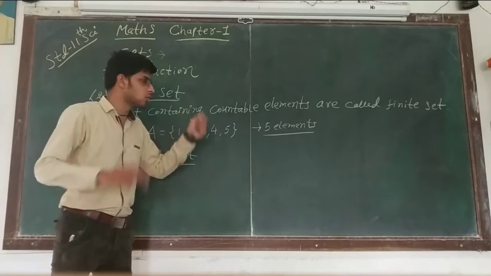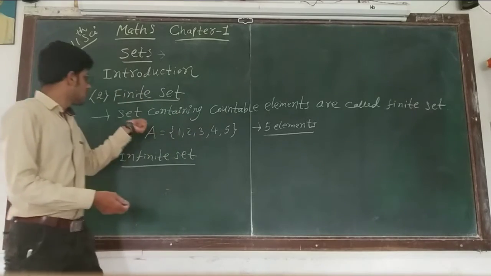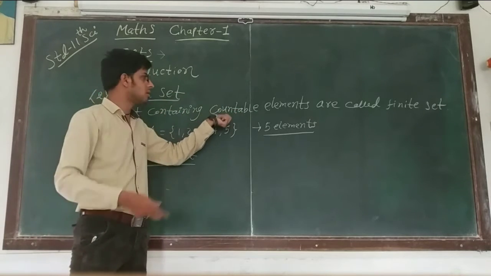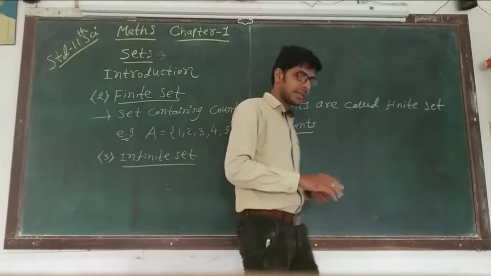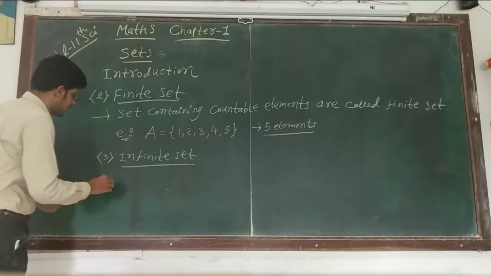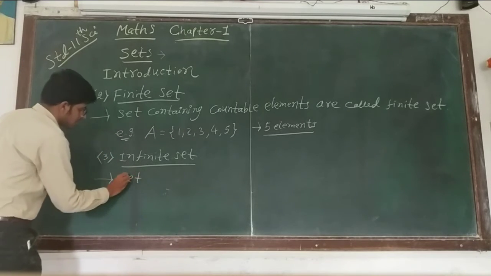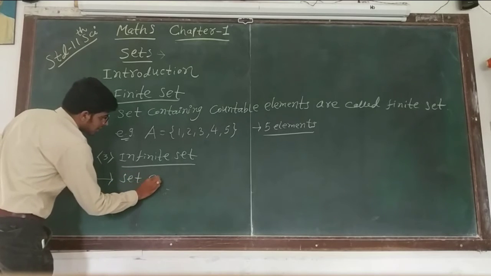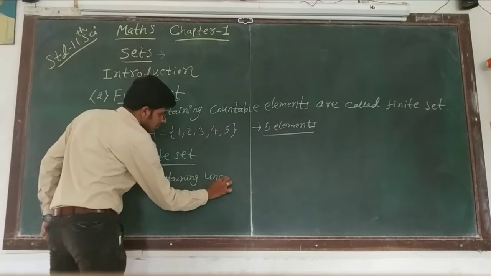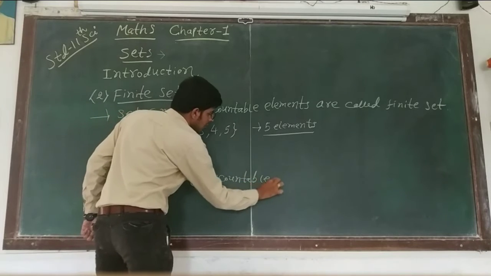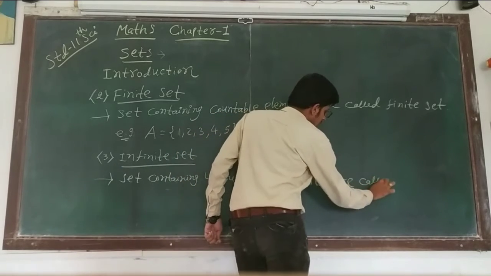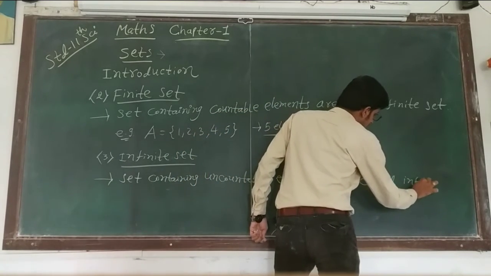The set does not contain countable elements, or a set containing uncountable elements is called an infinite set. So I am writing the definition of infinite set. A set containing uncountable elements is called an infinite set.